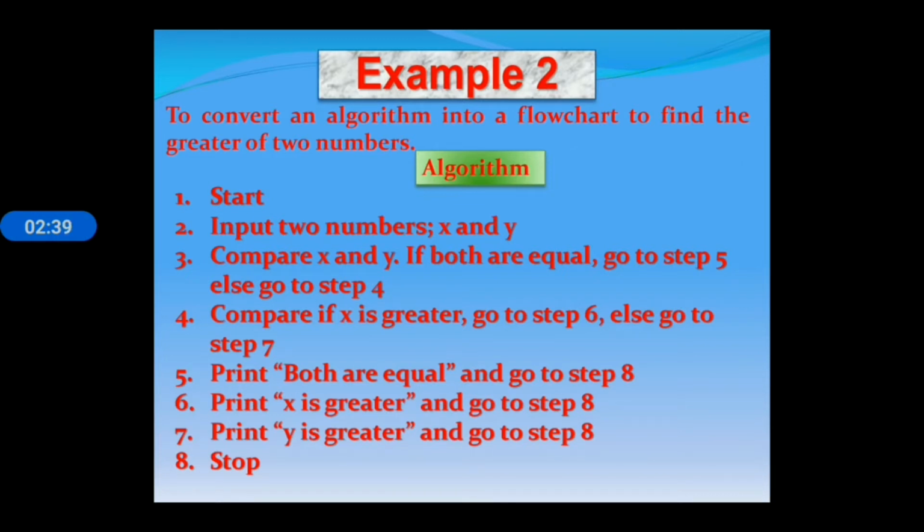If x is greater, then go to step 6. Here it will print x is greater and go to step 8, that's stop, the end of the program. But if x is not greater, then it will go to step 7. Here it will print y is greater and go to step 8, that's stop. So this is the algorithm to find the greater of two numbers.